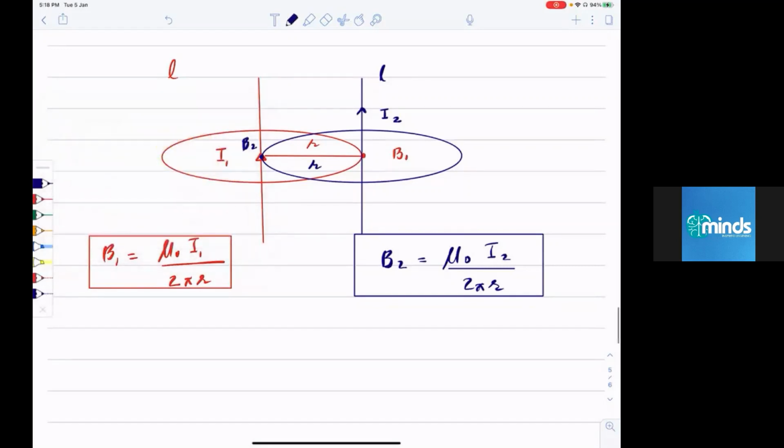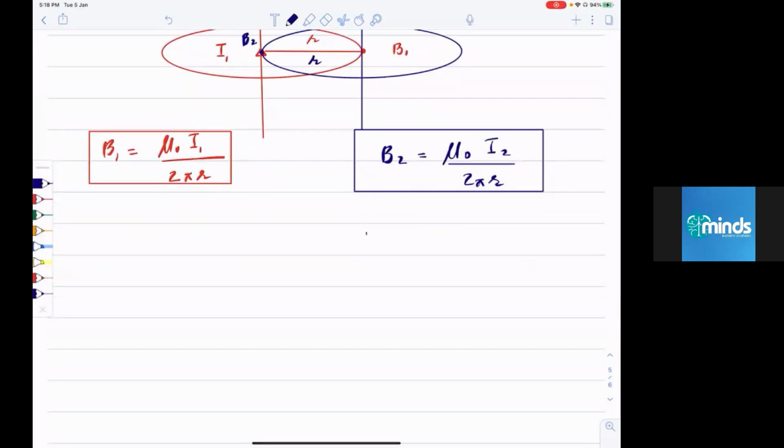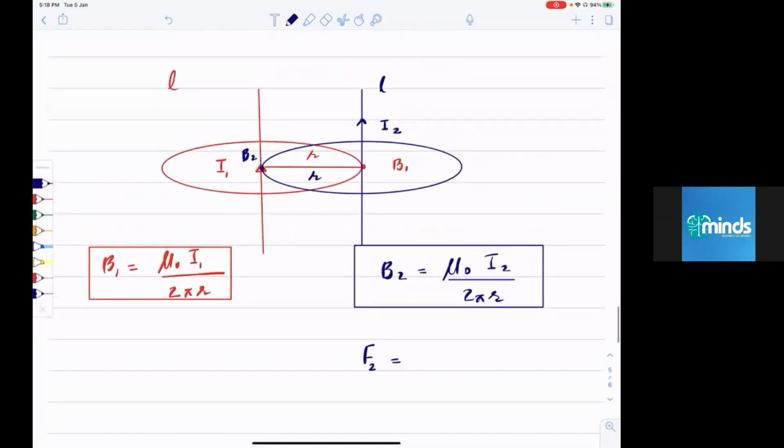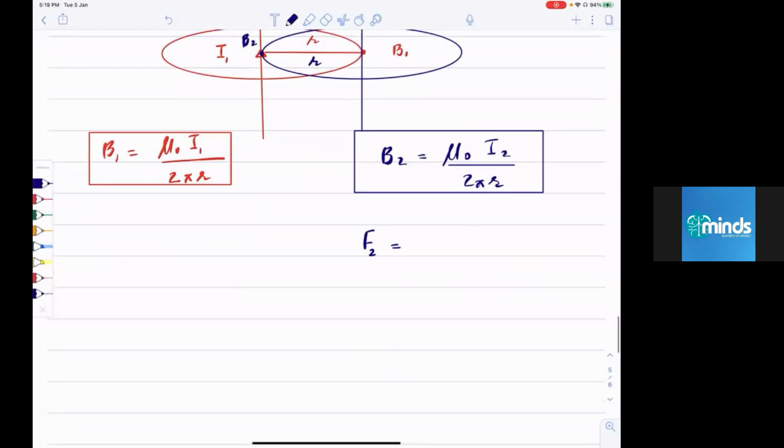If I need the force experienced by the blue conductor, I call it F2, because the blue conductor is 2, near me. This is 2, this is 1. So F2 is I2 L B1. Since they are placed normally, I'm not mentioning sine theta.